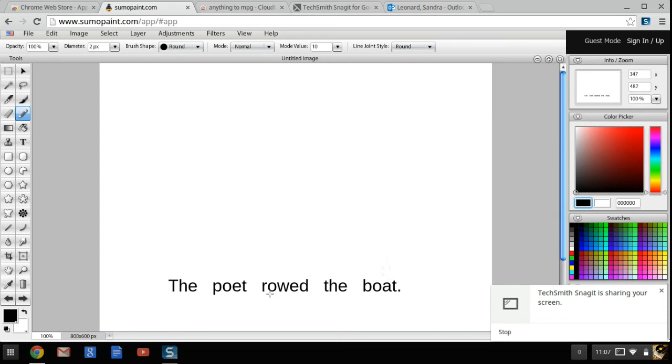So the first thing I'm going to do when I look at this sentence to draw this sentence structure is to identify the subject and the verb. And here, the poet, we got that as the subject, and rowed the boat as the predicate.